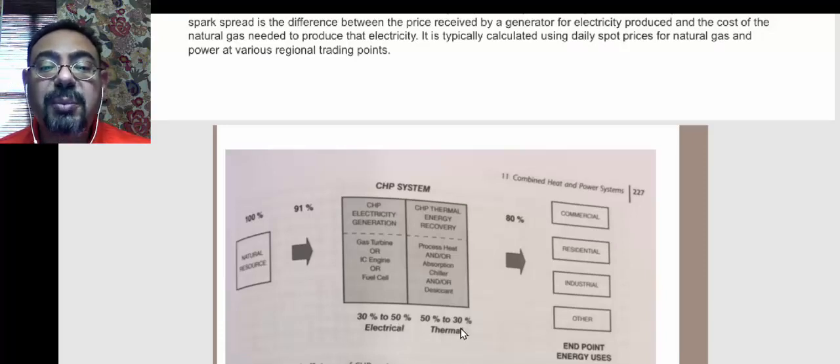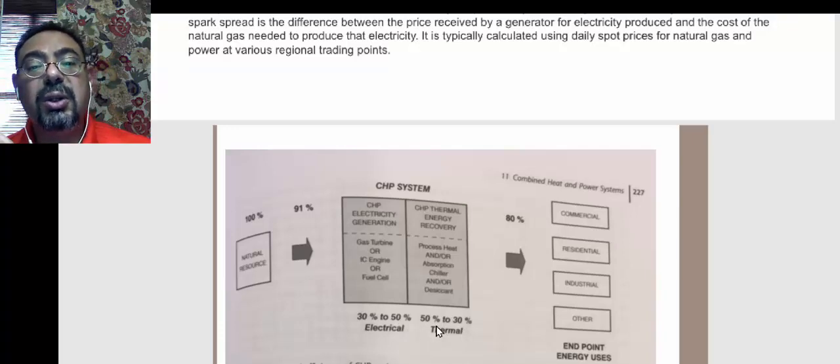Now the other 50% that was going to be lost in the condenser in the big main central power plant across the river, since we have the power plant in our own hotel or our own hospital or our own campus, like the OSU campus in Stillwater, then we can use that 50% losses for our own heating.